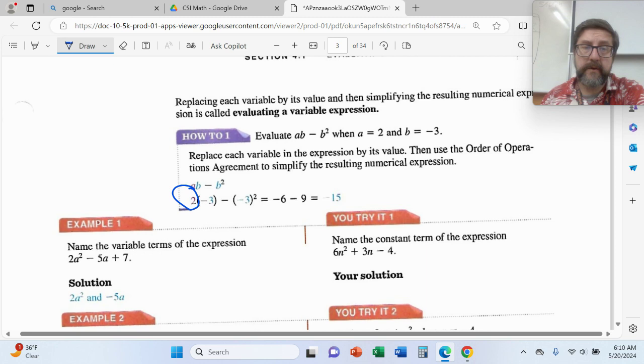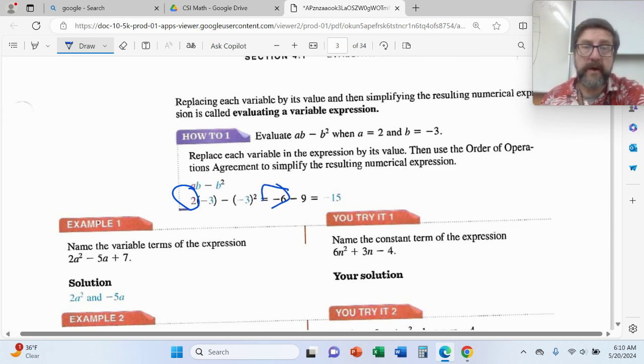So you're multiplying it by the B, and B is equal to -3. So we're doing 2 times -3, which should be -6. But then you're doing minus, and they got the -6 right there.